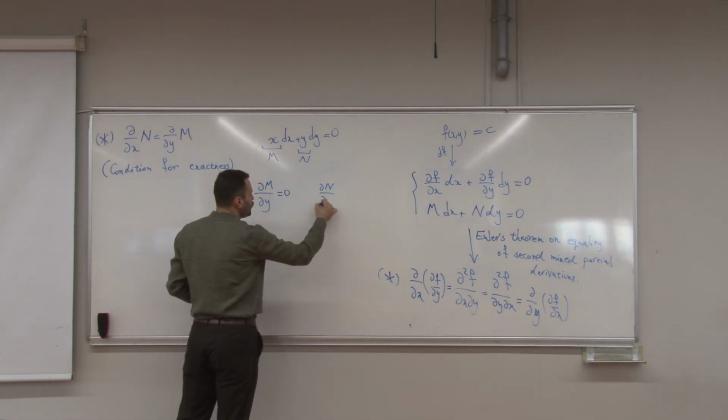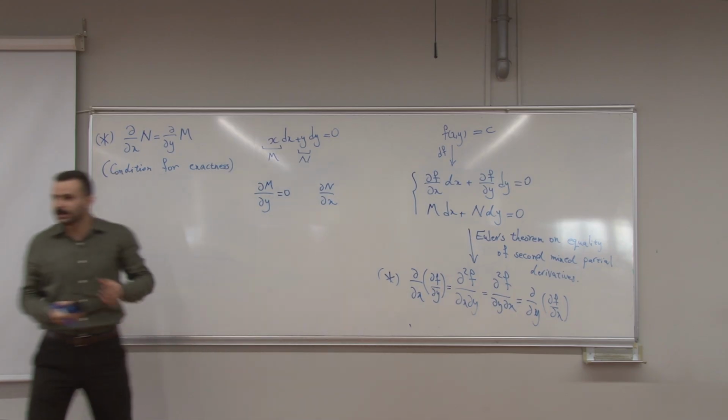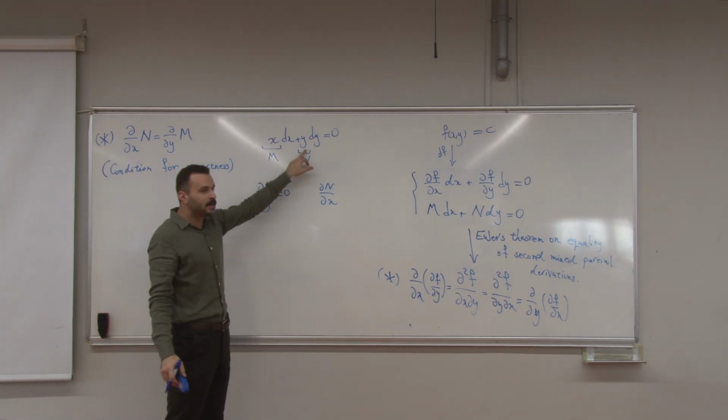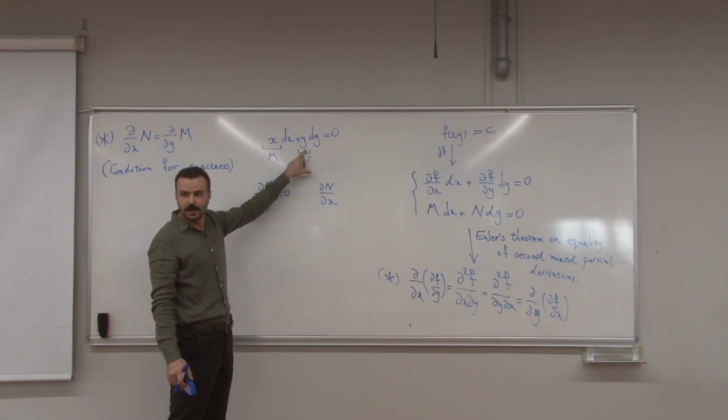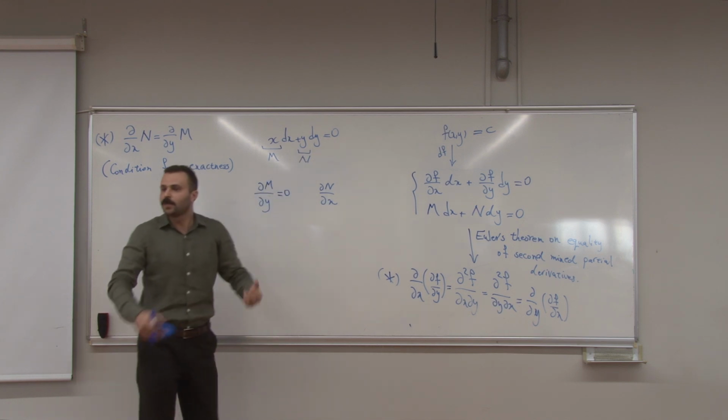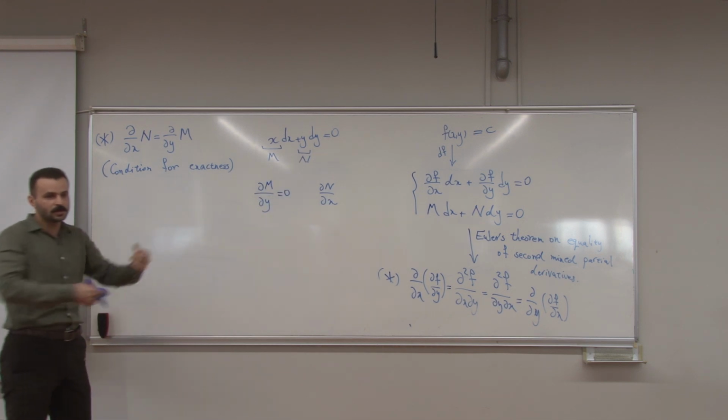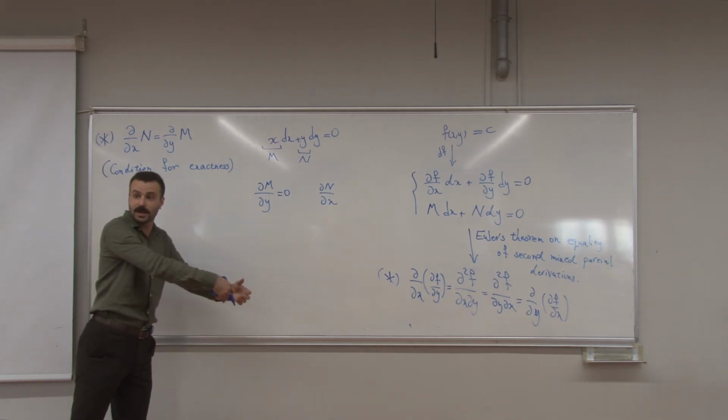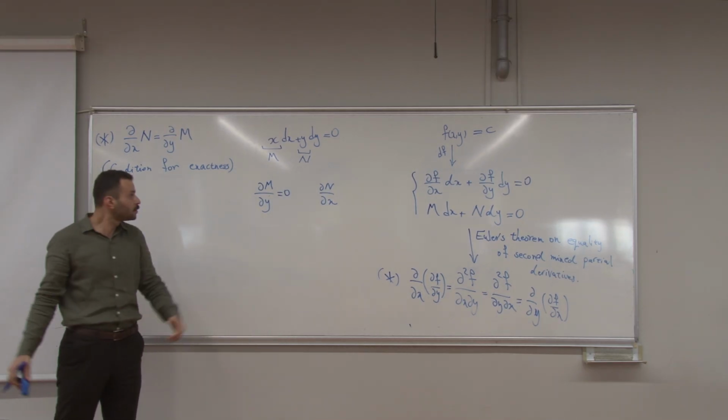What about round of n over round of x? What then? From this expression, if you take the partial derivative with respect to x, and by taking partial derivative, I mean that we assume that y and x are independent from each other. If you are taking the derivative with respect to y, then x is just a constant. If you are taking the derivative with respect to x, y is just a constant.